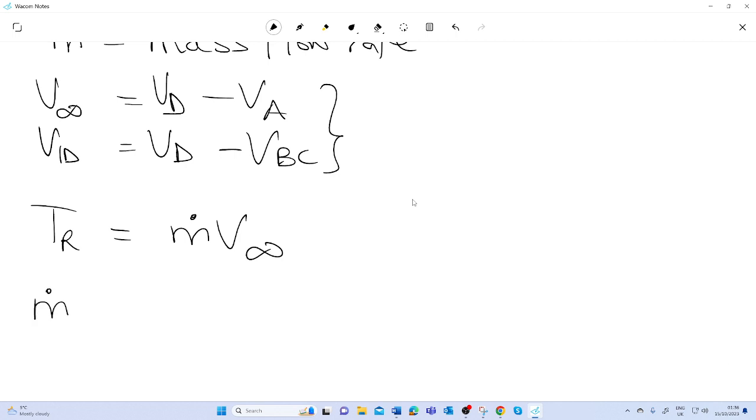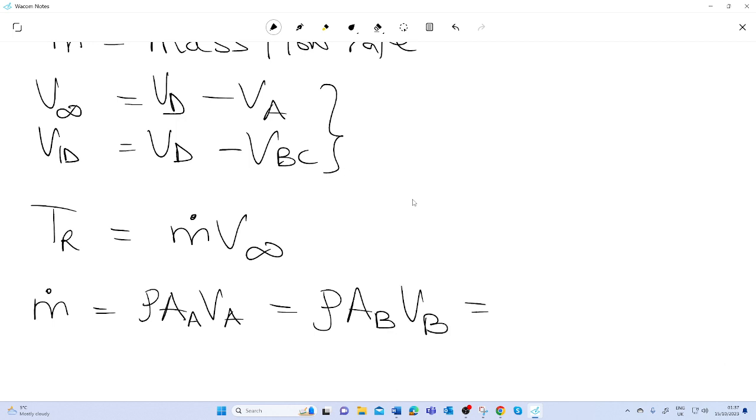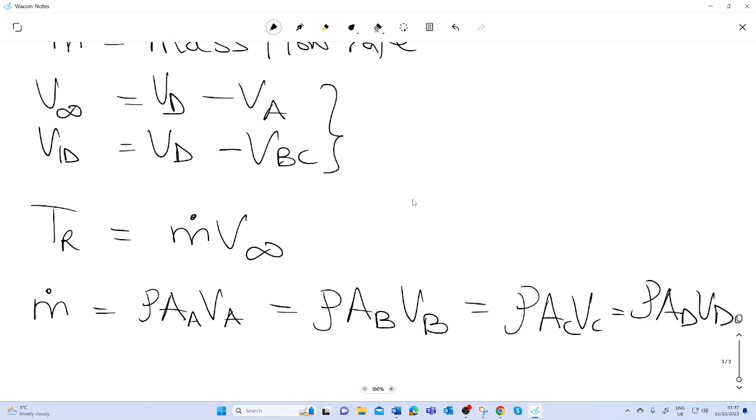And the m dot, which is the mass flow rate, equals rho AA VA equals rho AB VB equals rho AC VC equals rho AD VD, from section A to B to C to D, so the mass flow rate is constant.